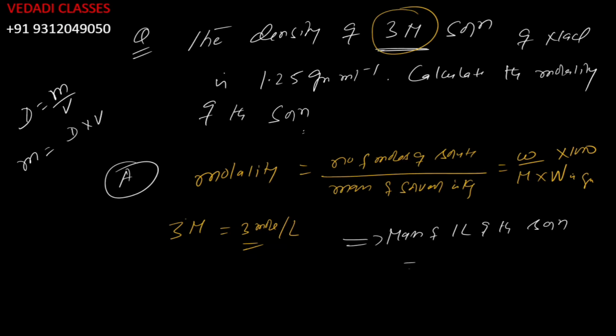For 1 liter, that is 1000 ml, into the density they have given, 1.25 gram per milliliter. When you solve it, it will come 1250 gram. So this is the mass of 1 liter solution.